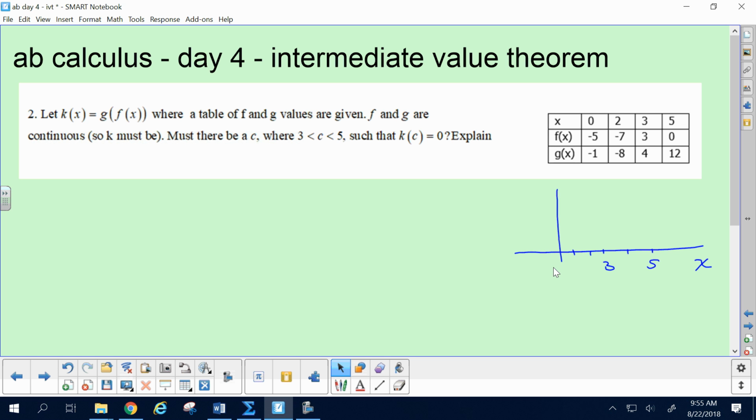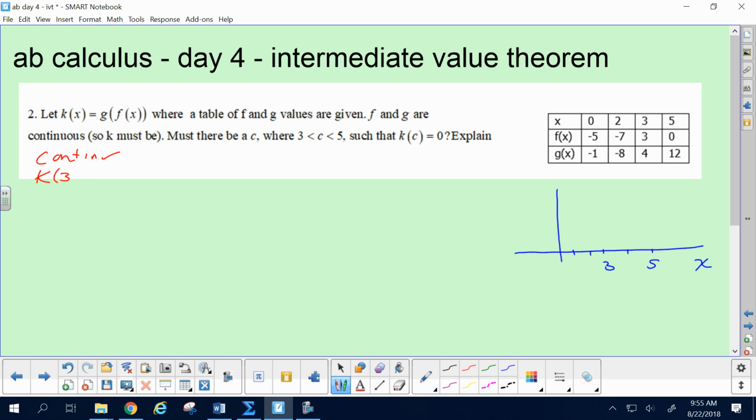So, you need the endpoints at 3 and 5. K at 3 is G of F. So I would write K of 3 equals G of F of 3. You know continuity is given, so you don't need to sweat that, but you should start by finding the endpoints.